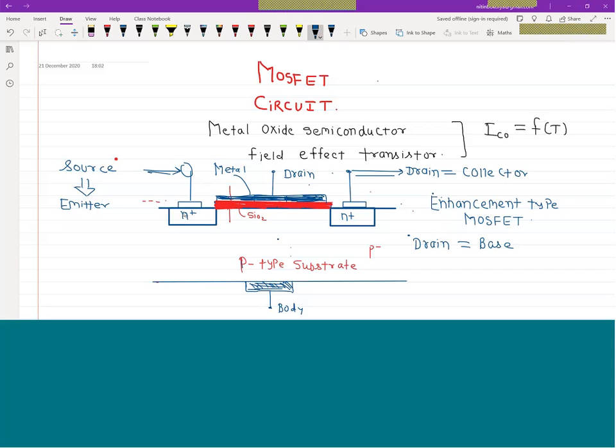So this is the same as your bipolar junction circuit, but this time the electric field is in this direction.